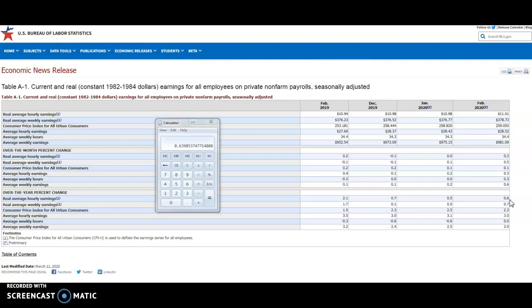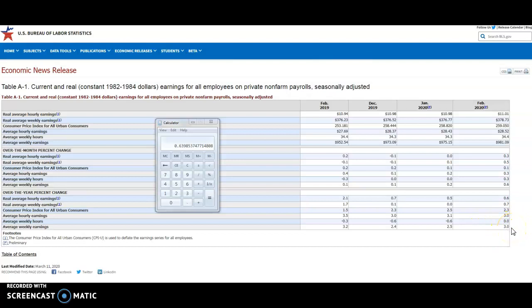You can sometimes see these changes in a less mathematically refined manner by just comparing the percentage growth of nominal wages to the percentage growth of inflation. For example, if we look at February 2020, note that average weekly earnings went up by 3%.